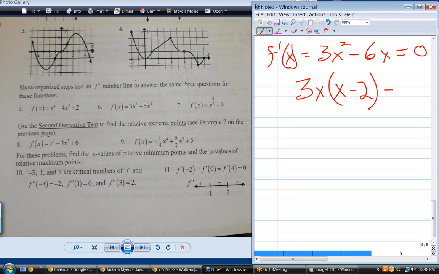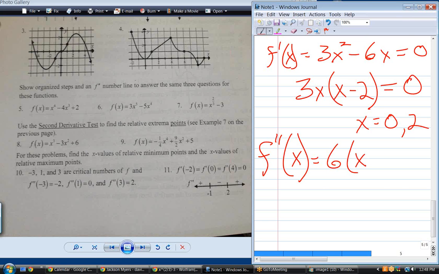So I want to know where that's equal to 0. What two places is that equal to 0? 0 and 2. Okay. Now we're going to use the second derivative to figure out what kind of an extrema it is. Second derivative is 6 times x minus 1. Right? Let's see, it's 6x minus 6.